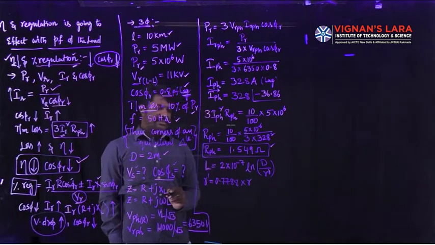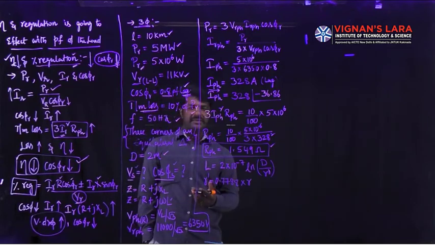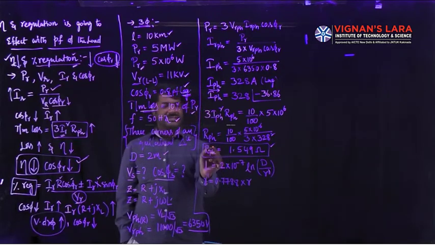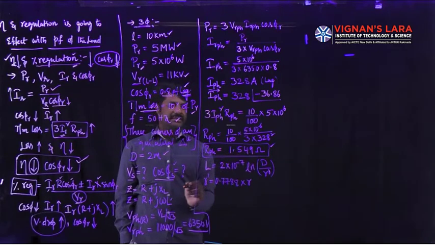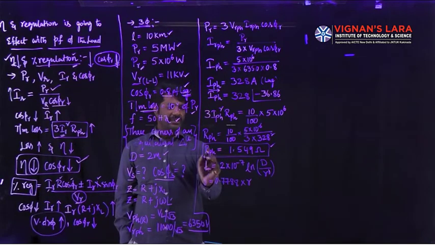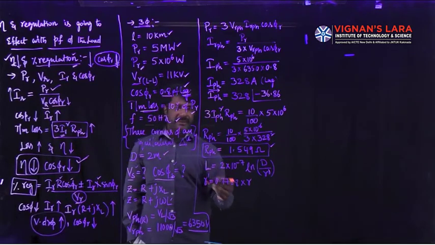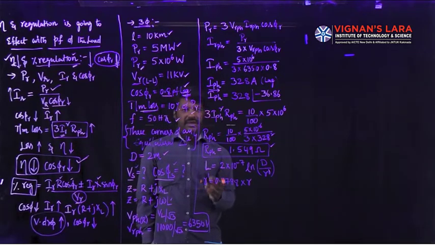The radius of the conductor is related to the diameter of the conductor. Conductor resistance we have calculated in the first step as 1.549 ohms. From the value of this resistance, we can estimate the magnitude of radius.